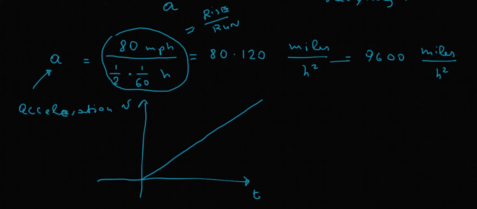So this tells us that the speed of the car, the velocity of the car at the moment of time t, will equal a times t. In other words, 9600 times t. We assume here that t is in hours.